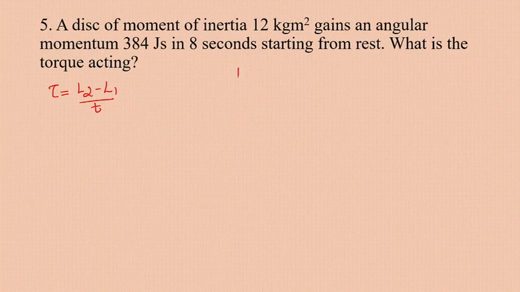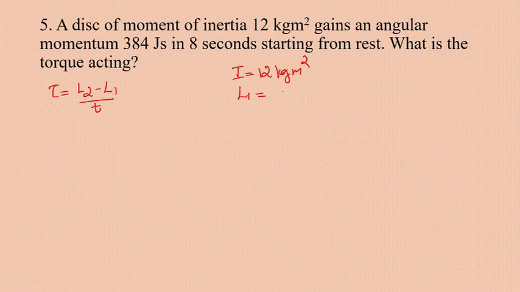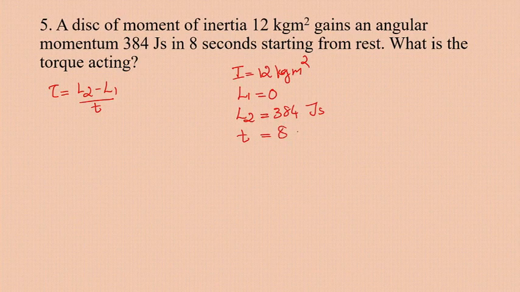So we are given the moment of inertia of the disk, 12 kilogram meter square, and the initial angular momentum L1 is equal to 0 because it is starting from rest. The final angular momentum is 384 joule second, and the time for obtaining this angular momentum is 8 seconds.